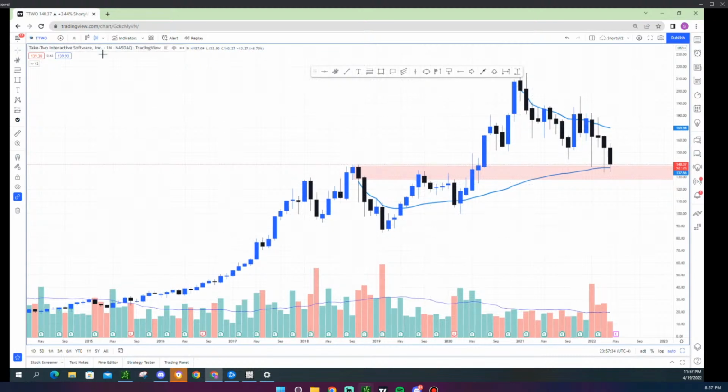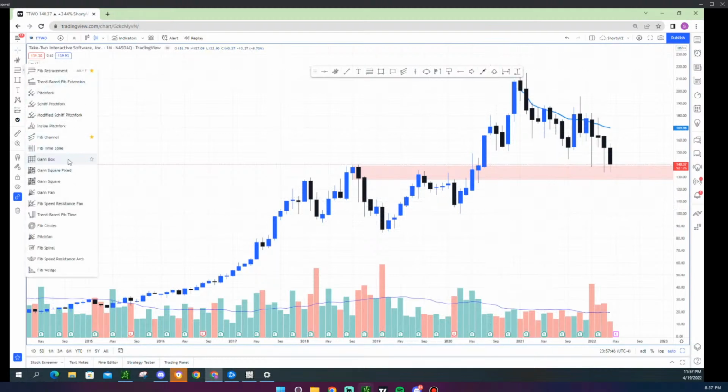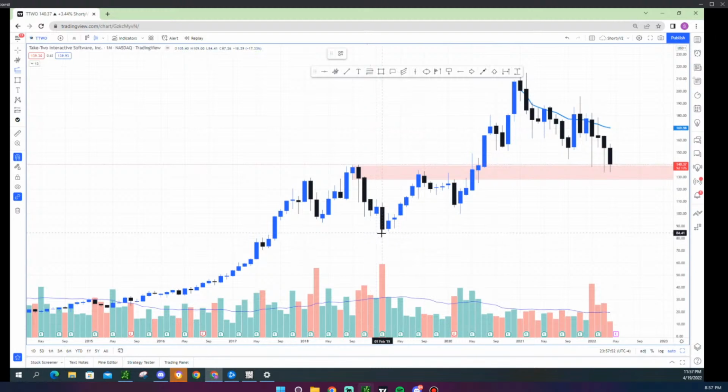All right, so this is our monthly demand zone right here. This is interesting. Let's just check one more thing just to make sure. I want to put a decent size order in this.